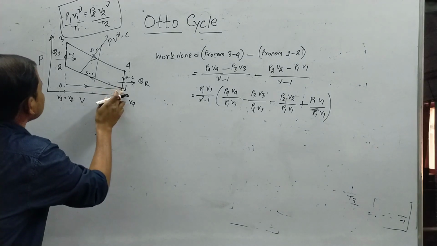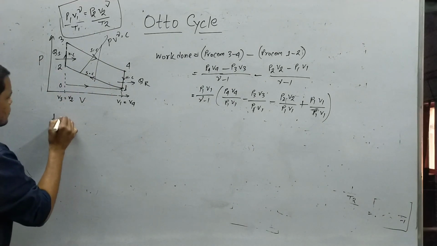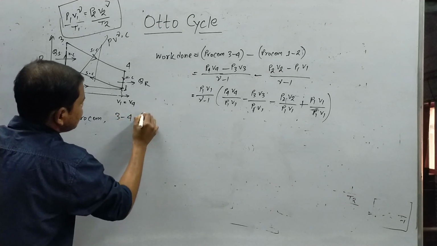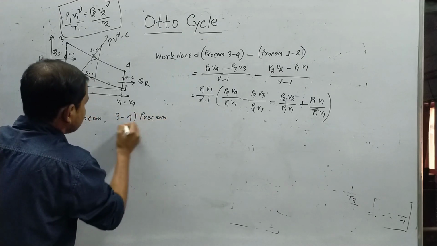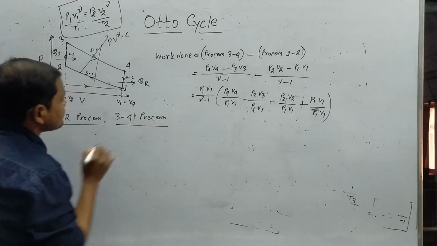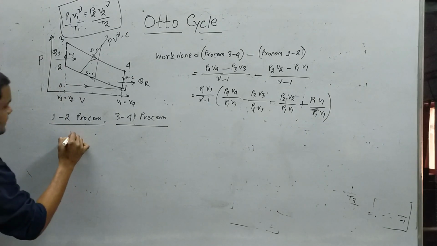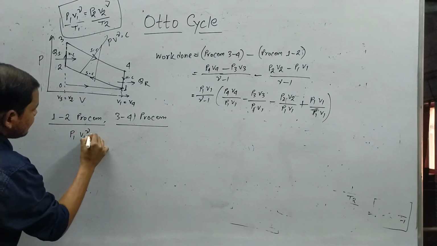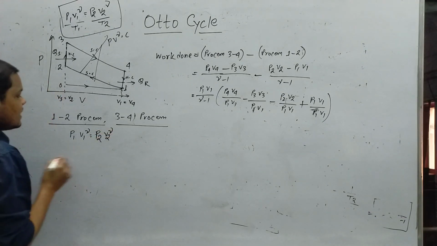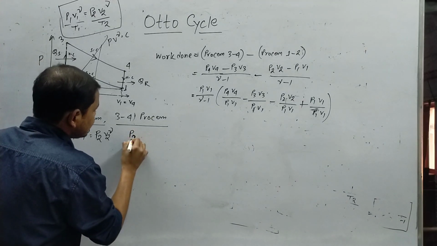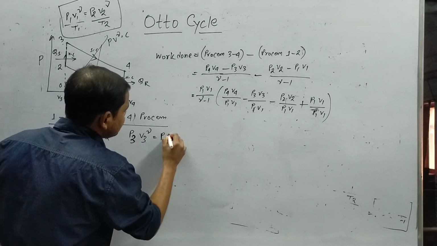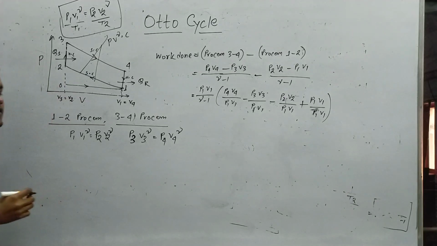If we consider process 1 to 2 and process 3 to 4, both processes are isentropic, reversible adiabatic processes, so P1 V1 to the power gamma is constant, P2 V2 to the power gamma is constant, P3 V3 to the power gamma is constant, and P4 V4 to the power gamma is constant.